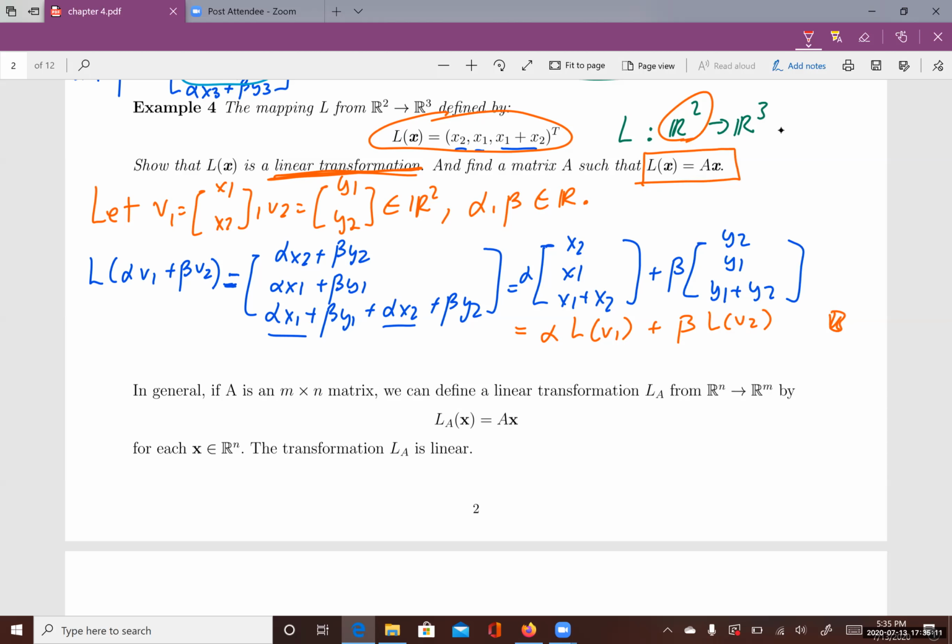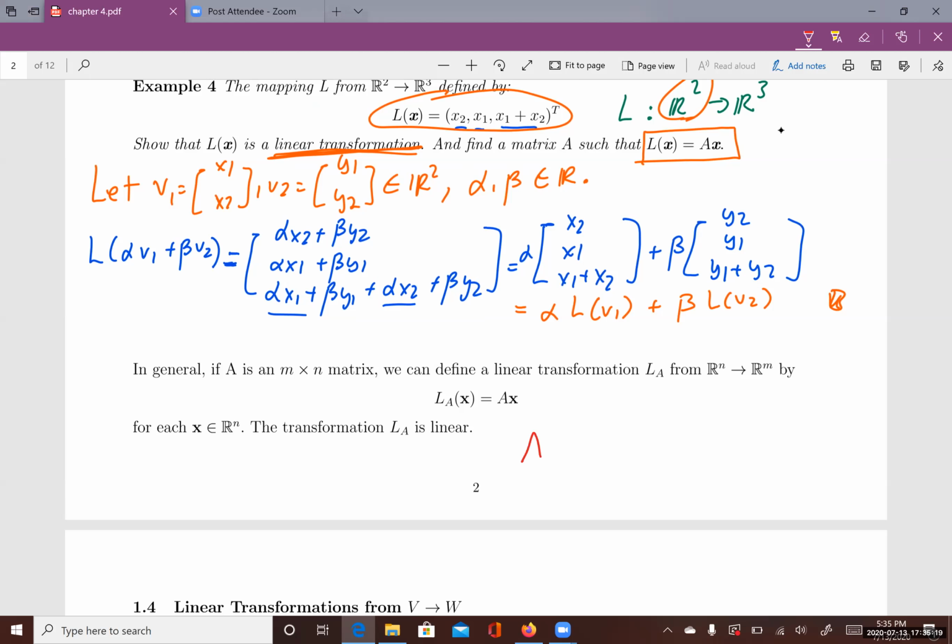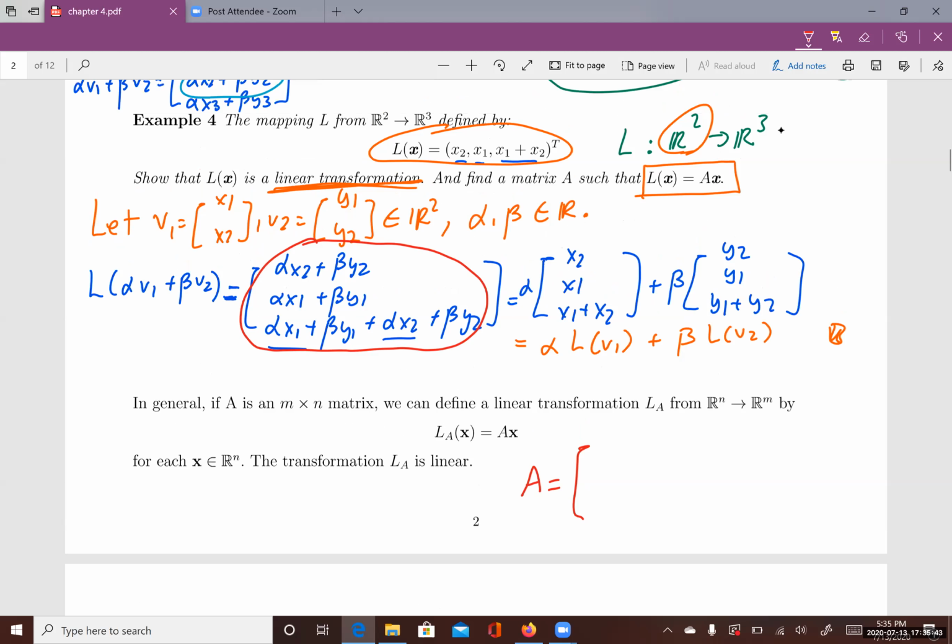We can try to guess the matrix A. When you multiply the matrix to the vector x, you get the same result as when you apply this map onto the same vector. Can you guess the size of the matrix? The map goes from R2 to R3.